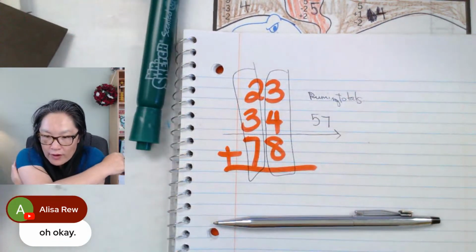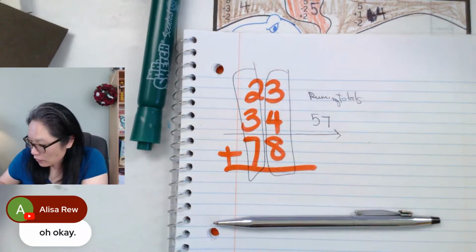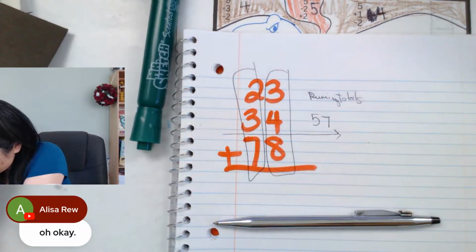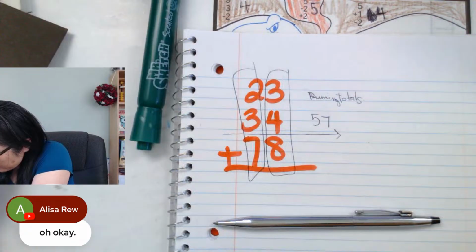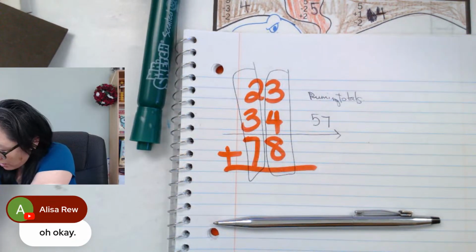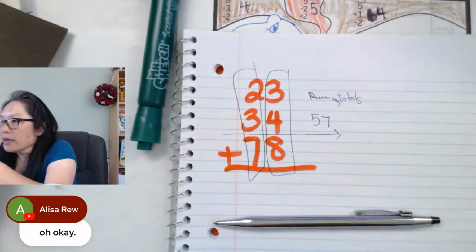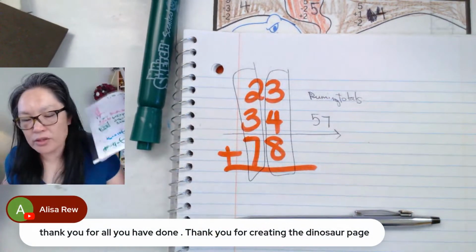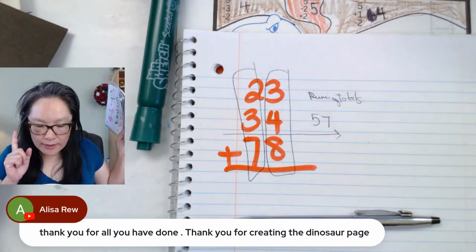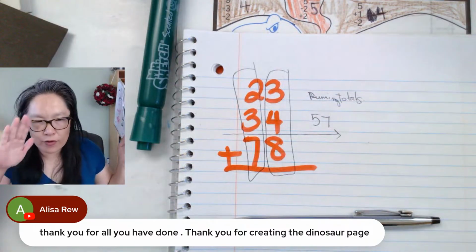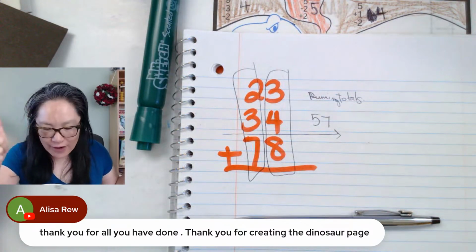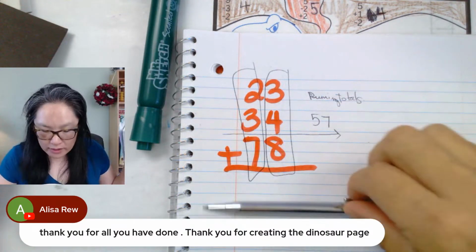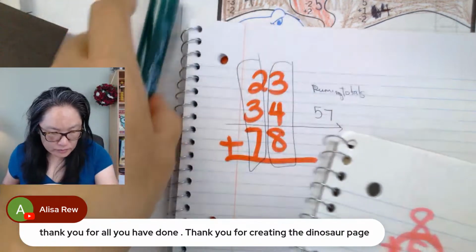So I don't know if you have time. Do you have time, Alyssa, for one more? We can do division if you want. Let's see if I can find it. Thank you for all your help. I'm creating the dinosaur page. Yeah, the dinosaur page is for minus two plus friends. So, okay, let's do division.